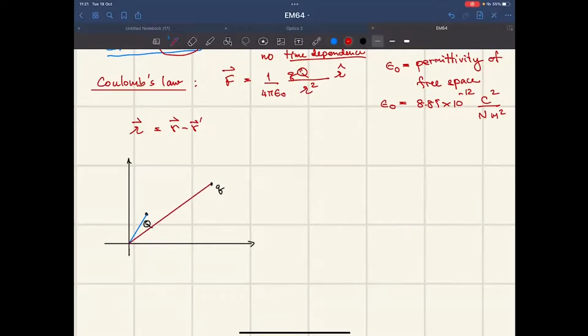If we say that this thing is R prime here, and this thing is R here. When you use R prime, it is actually representing the location of the source, the source location.